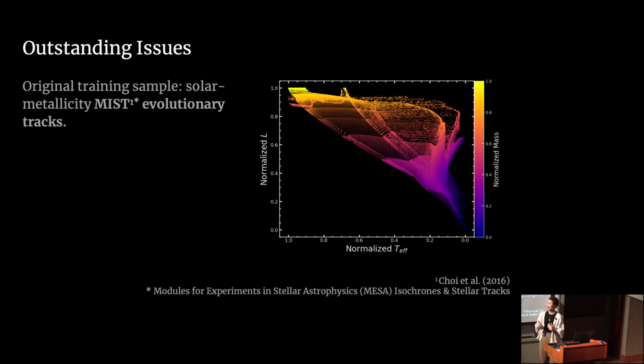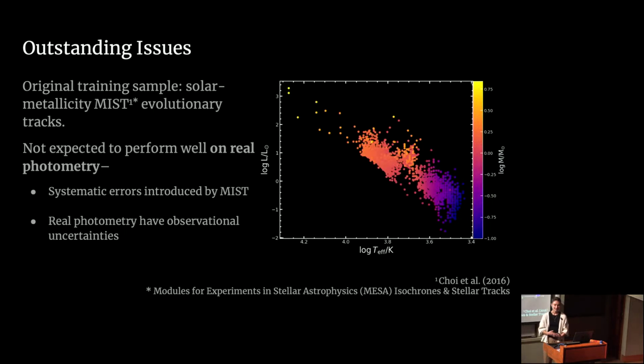However, there are still some outstanding issues. StelNet's original training set were stellar evolutionary tracks of solar metallicity from MIST, and it performs really well in this domain, but it's not expected to do as well on real observations like the stars I'm showing in this alternate HR diagram from the real world. And this is for 2 reasons.